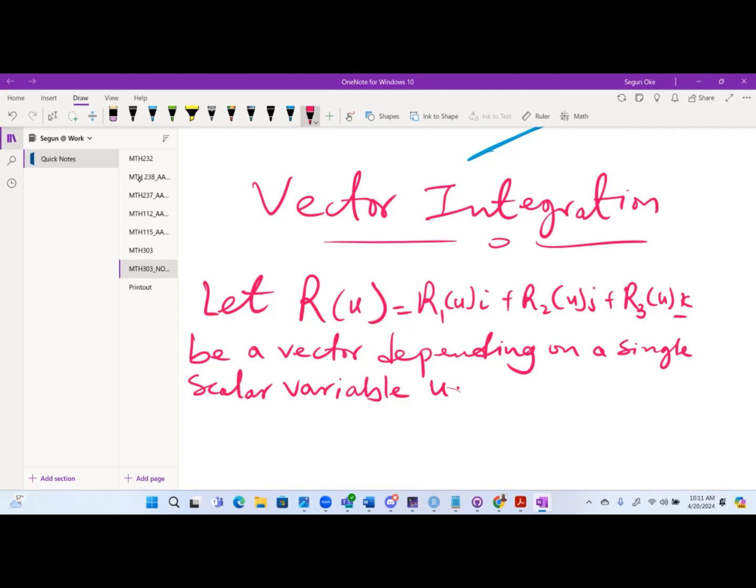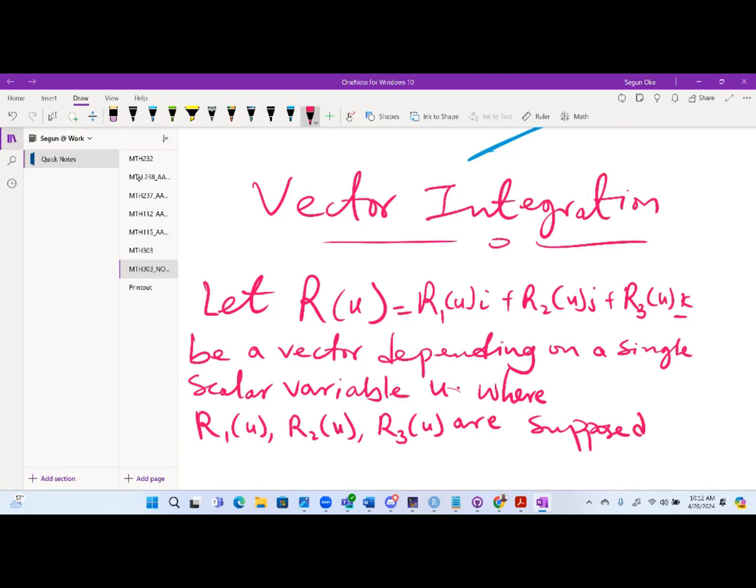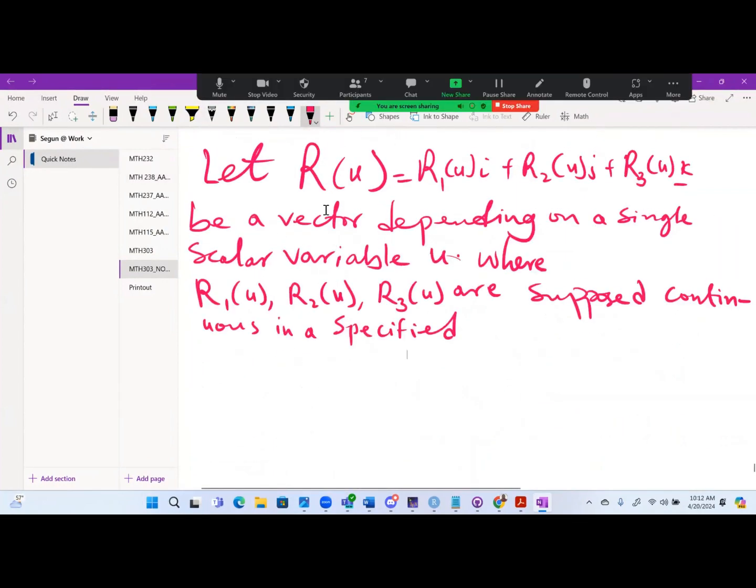Where R1(u), R2(u), R3(u) are supposed to be continuous in a specified interval.